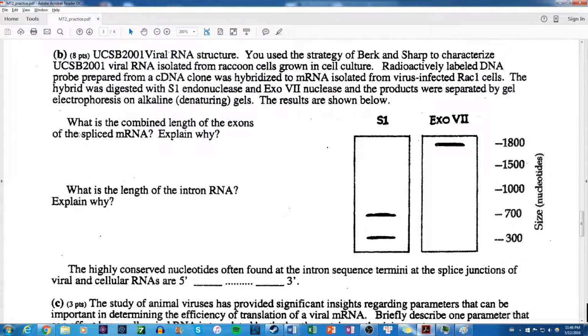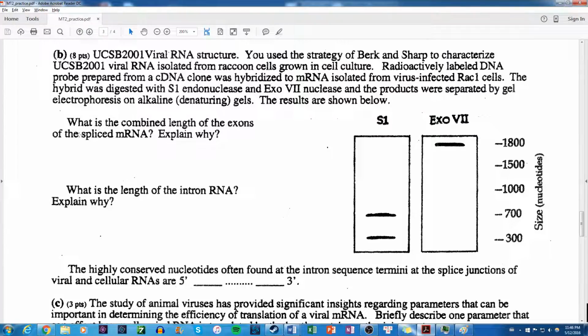Now here's the reason why. By looking at the data of S1, it is implied that the two fragments you have there show up from cut up mRNA.